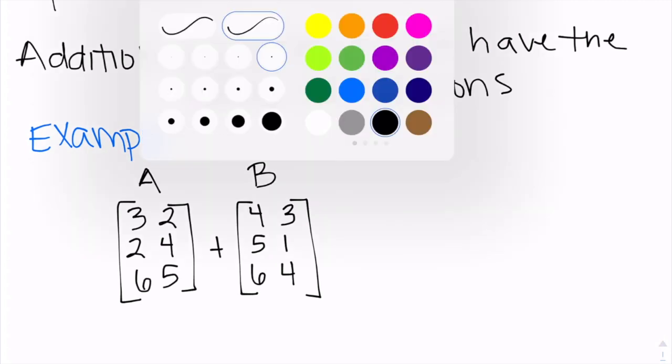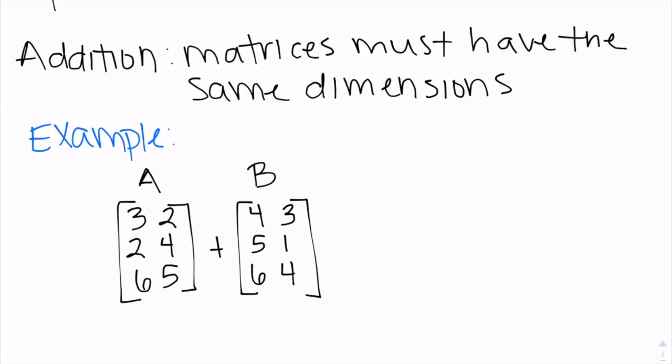To determine if it's possible, it tells us right here that they must have the same dimensions. So we're going to say, okay, what are the dimensions of matrix A?